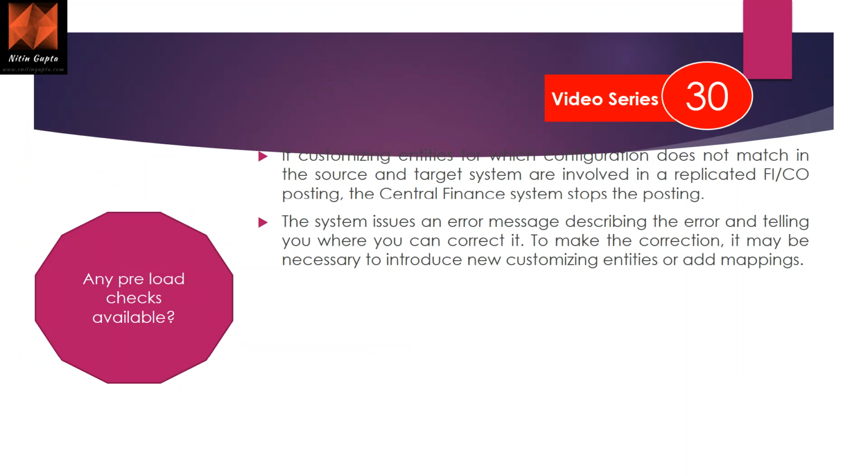The system checks your ECC and S4 system, and if there is a mismatch, the system will stop the posting and the failure will be visible in AIF. The system issues an error message describing the error, and you need to correct it. So it is important to complete and follow the checks. And if something new comes up, you will see the document failure in AIF. It's all accounting documents, because there is no relevance of CO documents for tax.